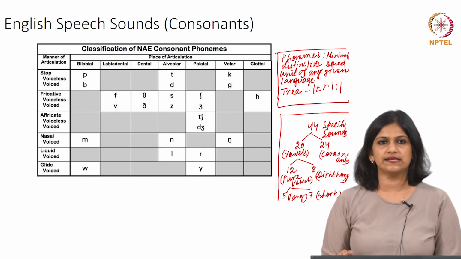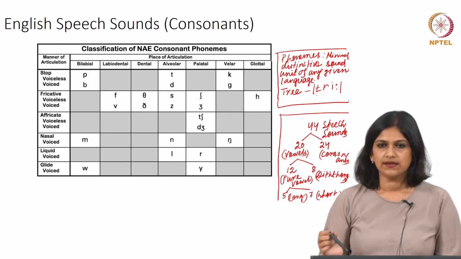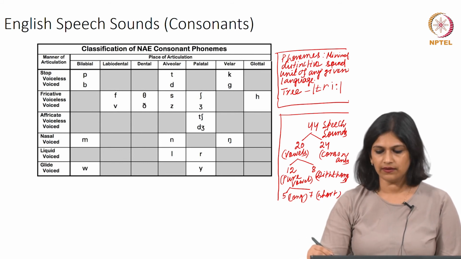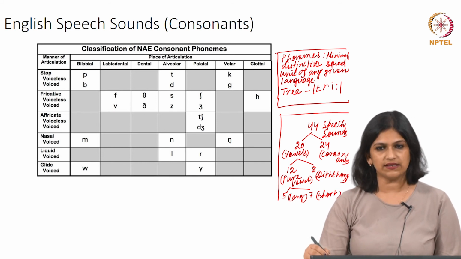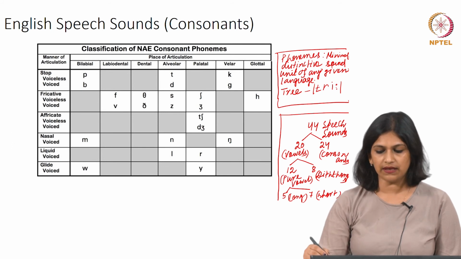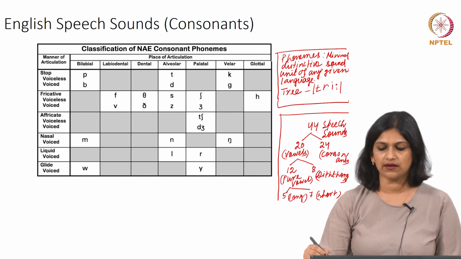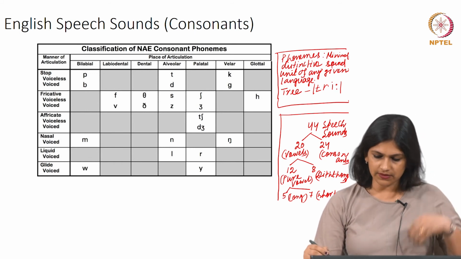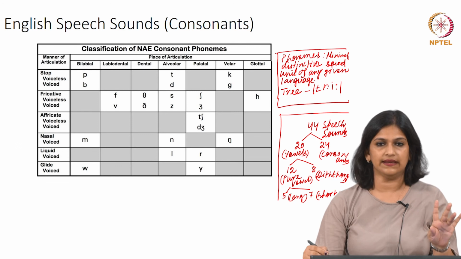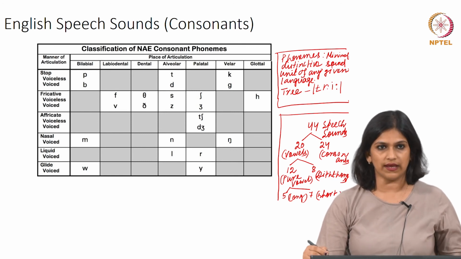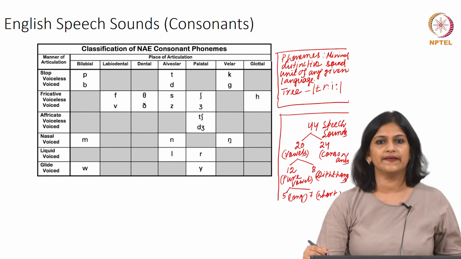Orthographically it is written T, R, E, E, but phonetically there is a T sound, R sound and E sound. So T is a phoneme here, R is a phoneme here and E is a phoneme here. That is why the definition of a phoneme is the minimal distinctive sound unit of any given language. So when we say tree, orthographically there are 4 units, but phonetically there are 3 units: the T phoneme, the R phoneme and the E phoneme, right.